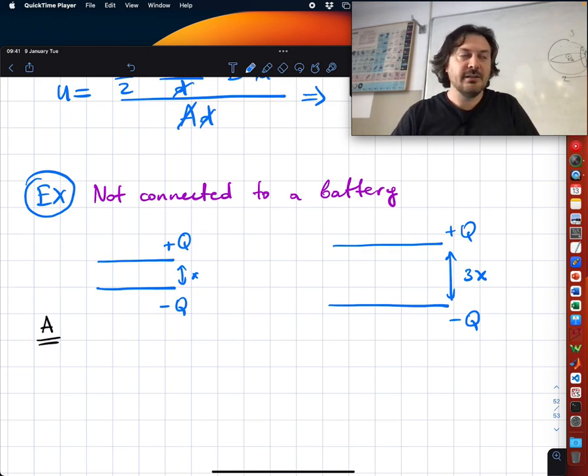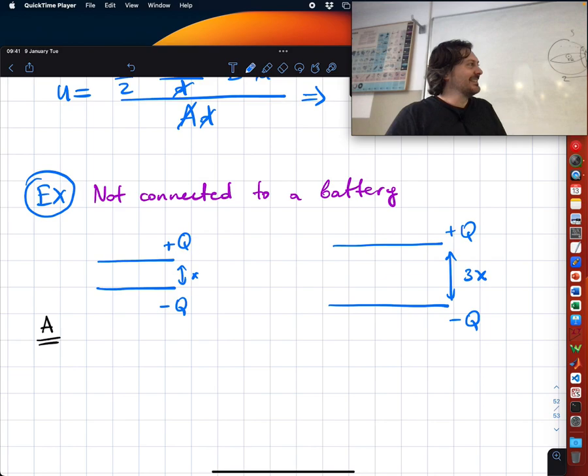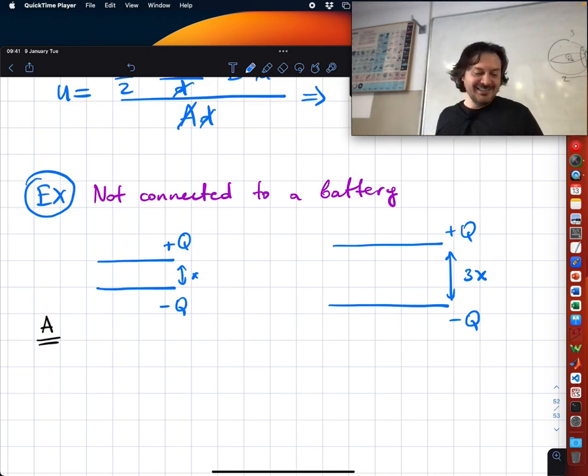Very good idea, but no. Go back to the battery. You are charging the battery. Next time your phone is dead, just take plus Q and minus Q and separate it. All right.